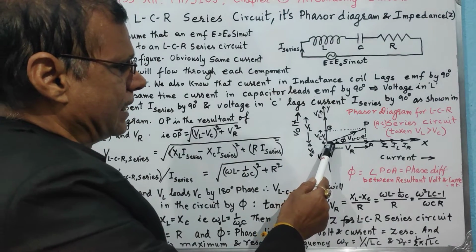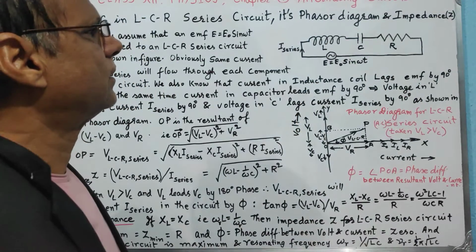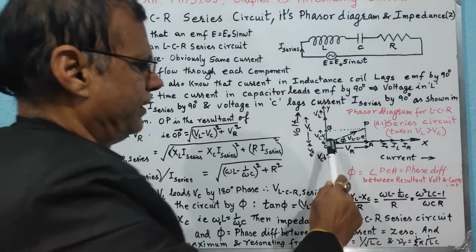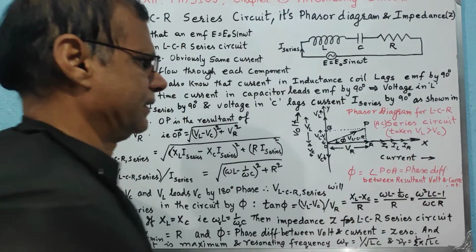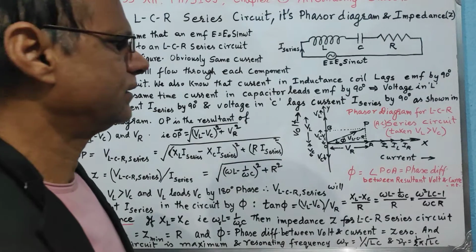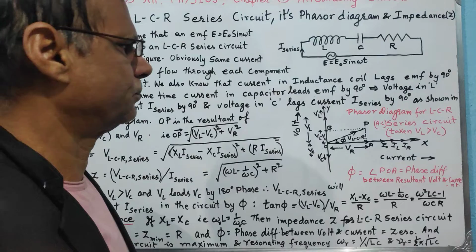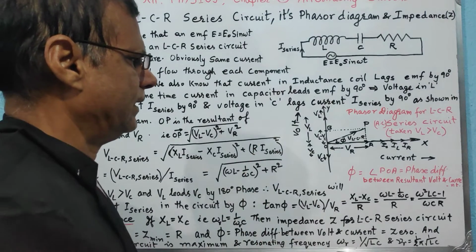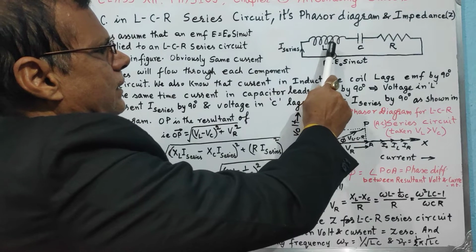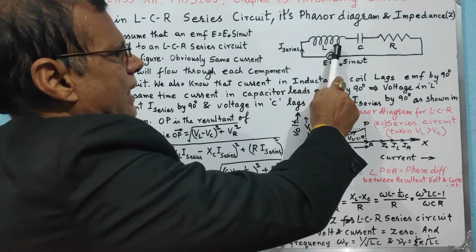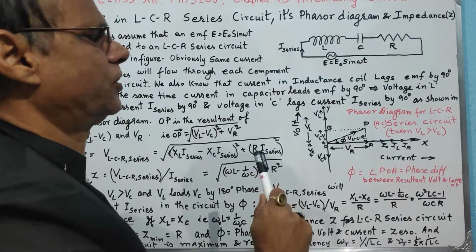In the phasor diagram, since the same current is flowing through each component, we draw it along the x-axis. We take the phase of current to be drawn along the x-axis, and in that situation the current in the inductance coil is lagging EMF by 90 degrees. That means the statement is reversed.